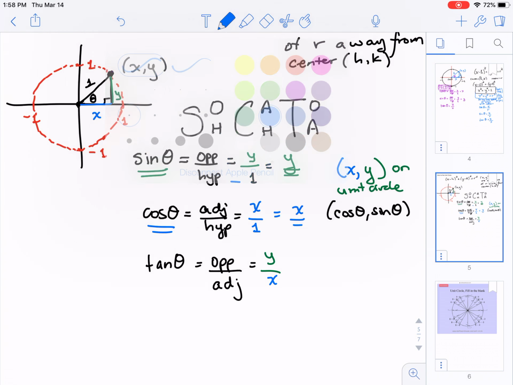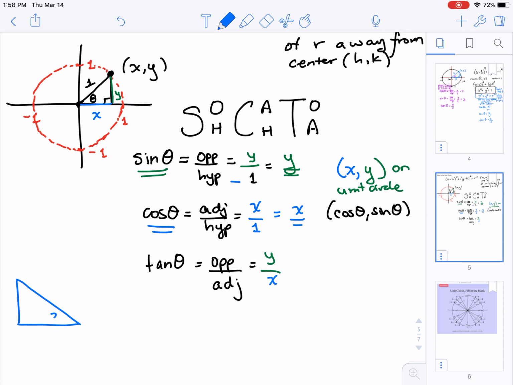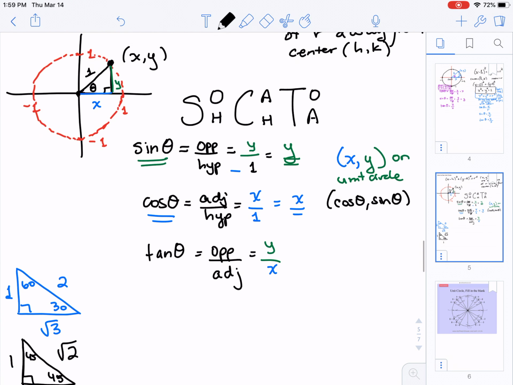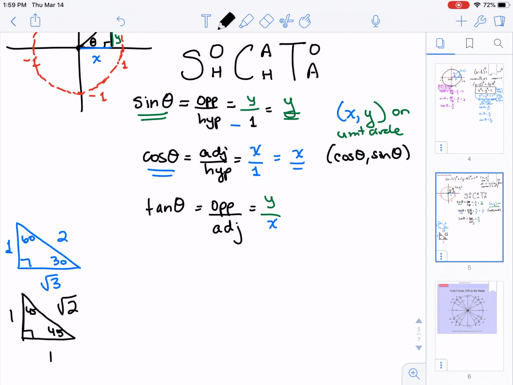And for this video, we are assuming that you have looked at the special right triangles, our 30, 60, 90 right triangle, which has the following ratio of sides, and our 45, 45, 90 right triangle, which has a 1, 1, square root of 2. Those are our ratio of sides there.